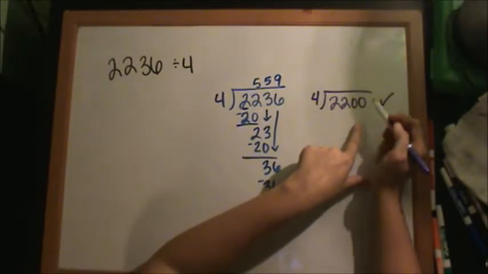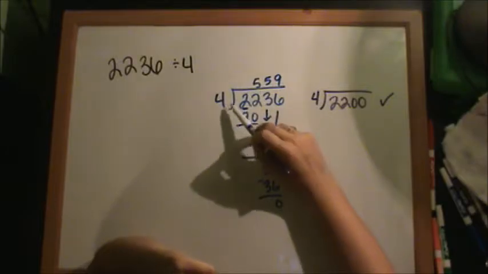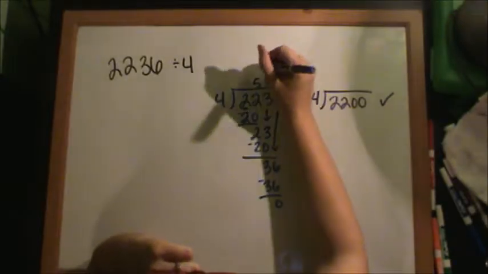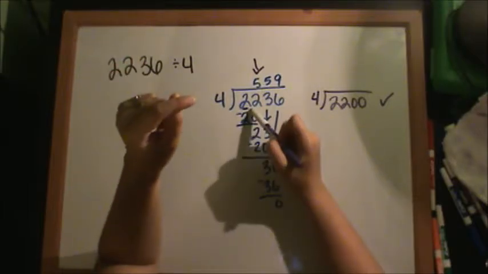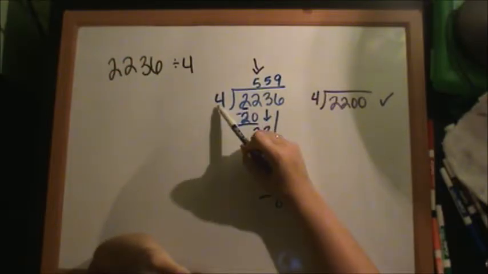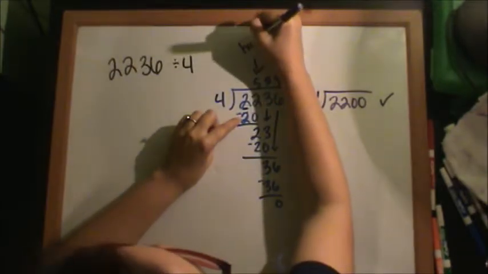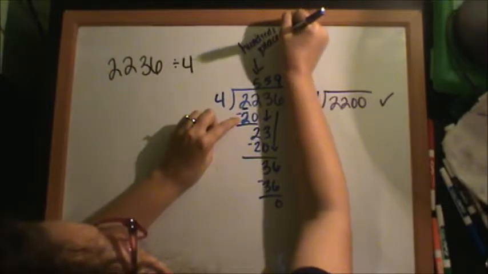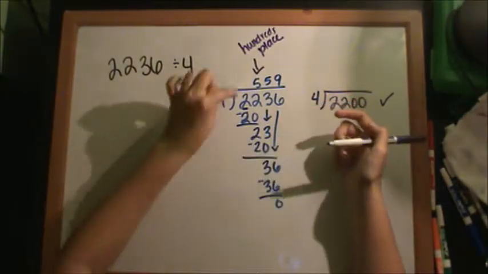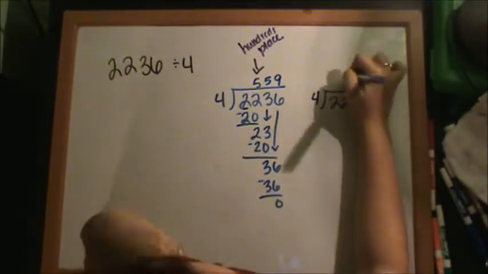It would be more simple if we would use the 2,000. But we said that it went into 2,200 500 times, not 5 times. 4 does go into 22, but we wrote it in the hundreds place. And with us knowing that we wrote 5 in the hundreds place, that means that it's 500.